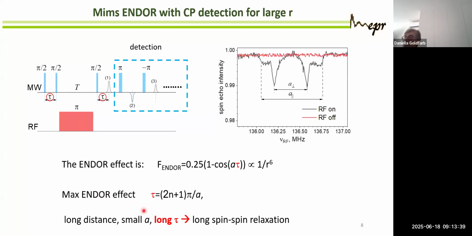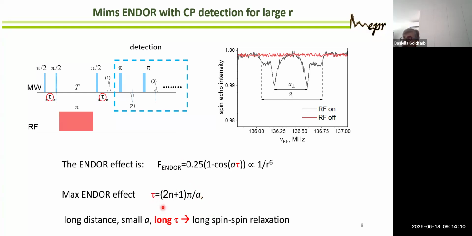You see that depending on your tau, you will get a different ENDOR effect, and for certain taus, you really get blind spots. There's no ENDOR effect, and if you want to maximize your ENDOR effect, you have to choose your tau this way. So if you have very, very small hyperfine couplings, and this happens for long distances, then your tau has to be very long.